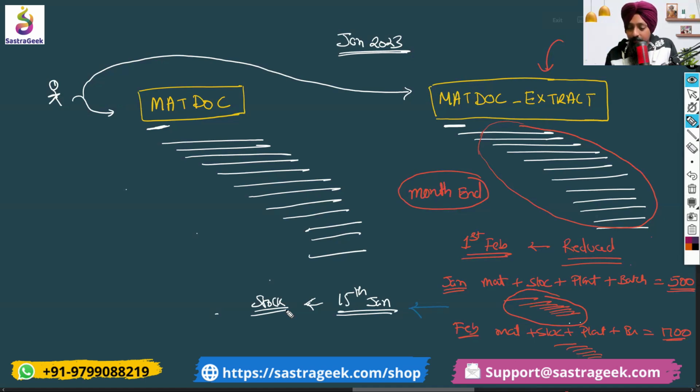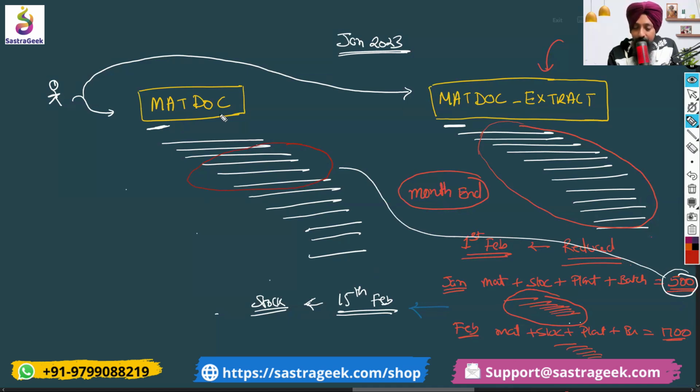Let's say 15th of Feb: at the end of Jan, I had a stock of 500. Then from this table, the system identifies what goods movement has been done from 1st Jan to 15th of Feb. So it does the calculation based on both Matdoc and Matdoc extract to tell you the historical stock.